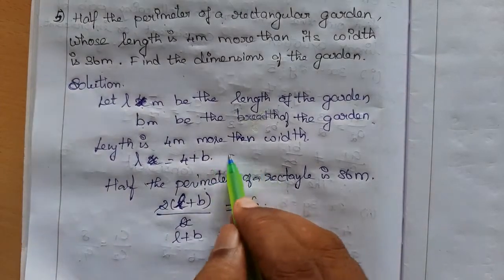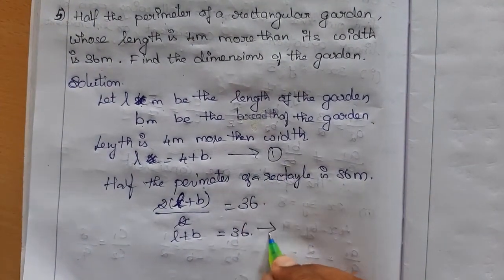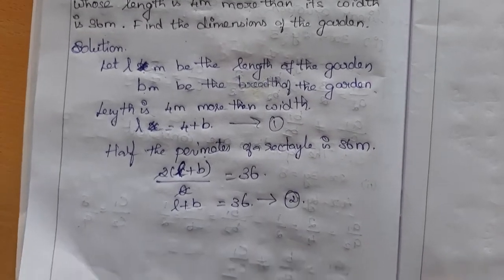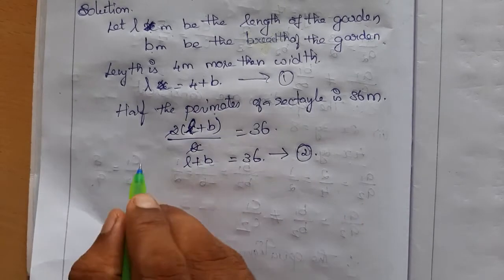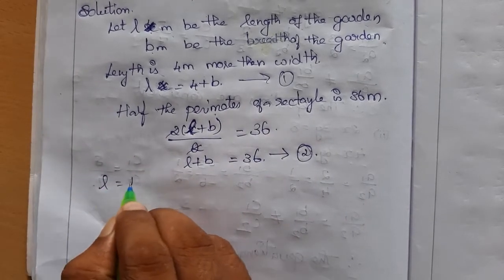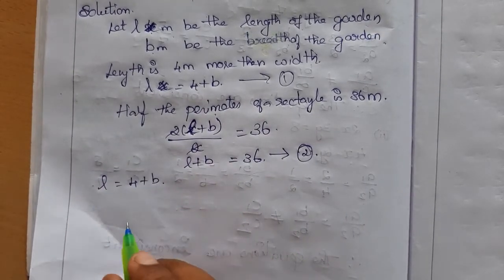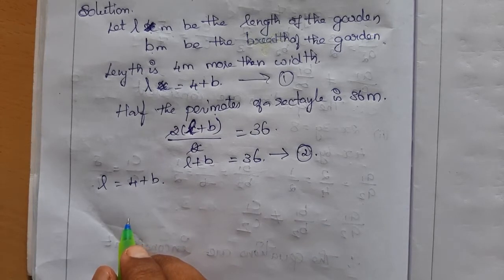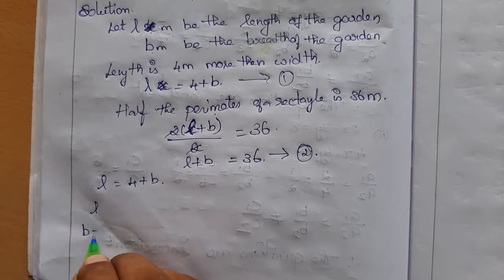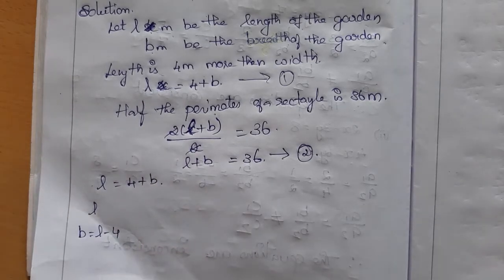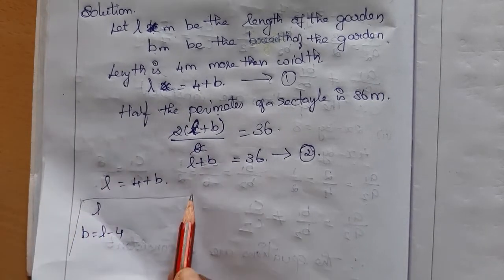So here we got 2 equations. Here is equation 1, here is equation 2. So now you have to represent them in the graph. The first equation is L is equal to 4 plus b. Clear? Then b is equal to L minus 4. We need 2 points, right?